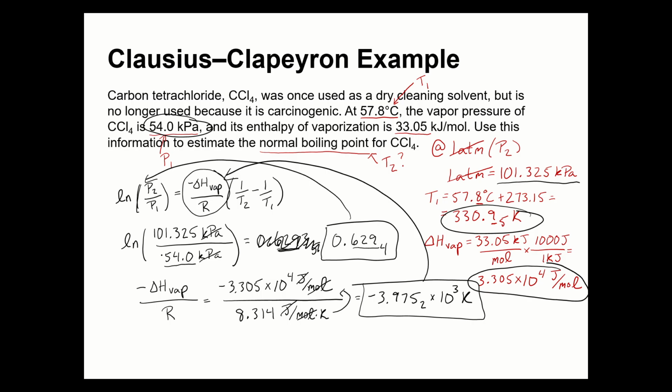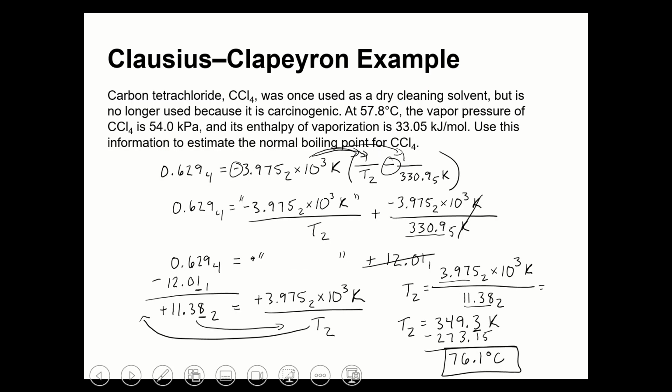So remember, as we went from P1 to P2, we went from 54 up to 101. We're increasing in pressure, and so we should see the temperature increase. And we found that T2 was equal to 76 degrees Celsius, and we started out at 57 degrees Celsius. So as the pressure went up, so did the temperature.